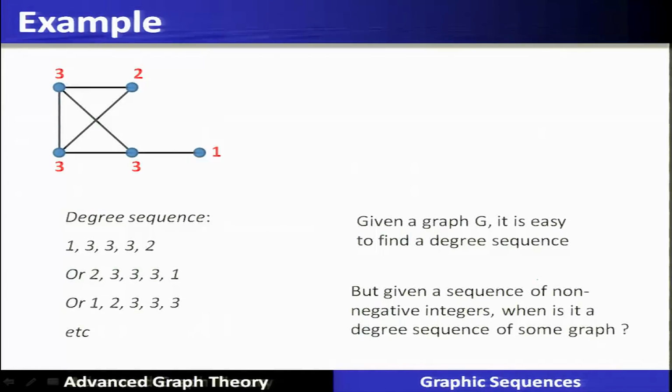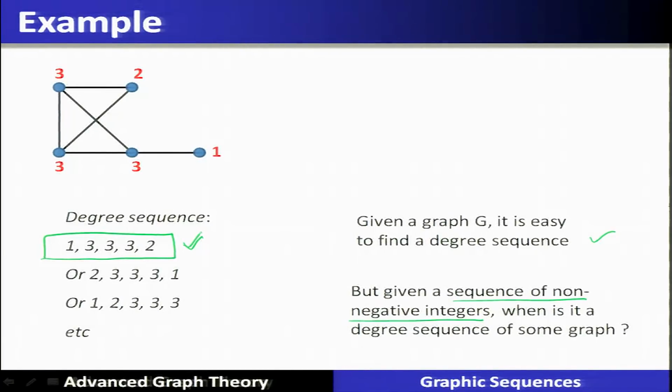Now, another question is, if we are given a sequence like this, whether this is a degree sequence of a graph or not. Given a graph G, it is easy to find its degree sequence, but given a sequence of non-negative integers like this, when is it a degree sequence of some graph?